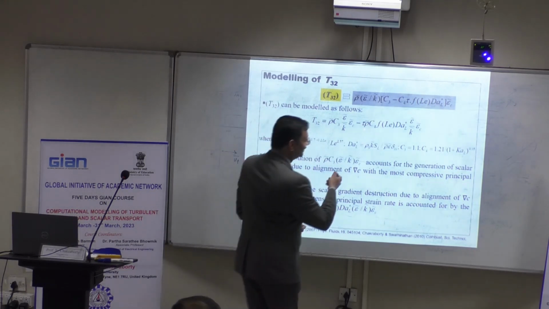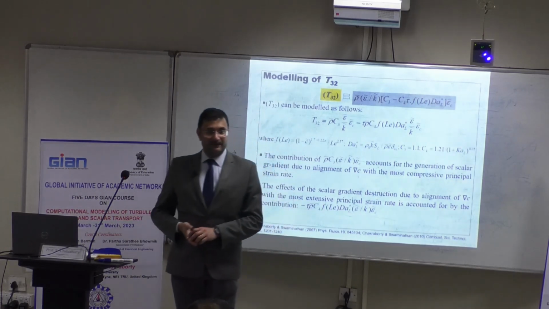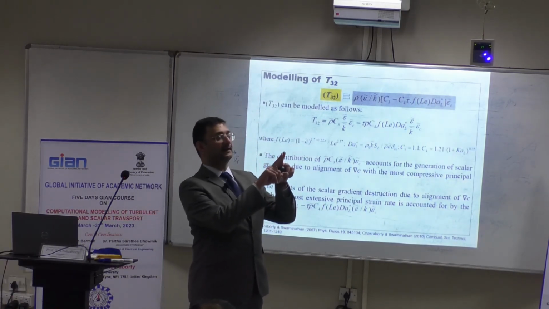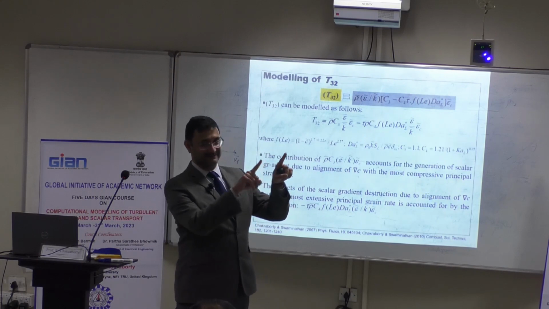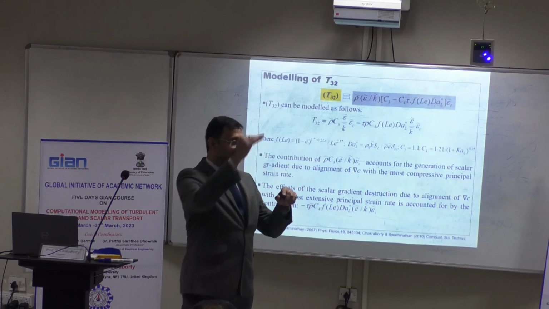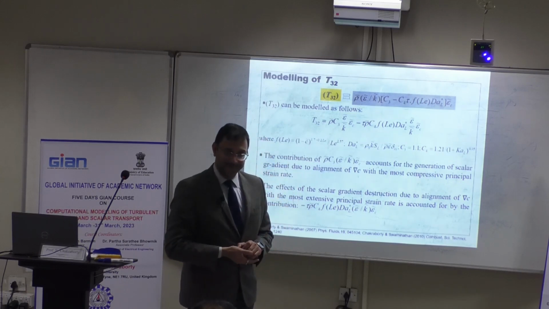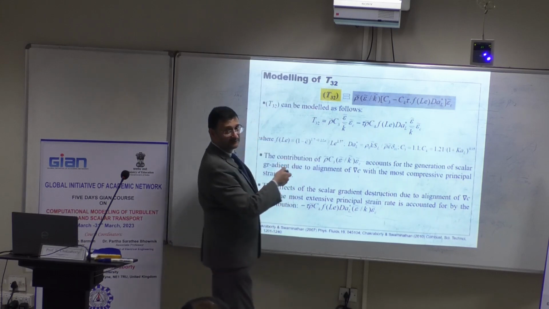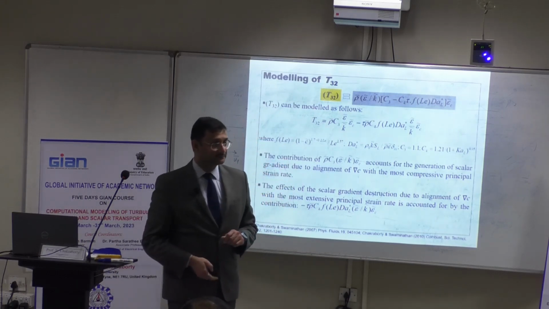One with negative sign, this part, takes care of essentially the chemical straining effect because of thermal expansion. Isoscalar lines are going far from each other. If they go far from each other, scalar gradient drops. And the competition between these two essentially determines how T32 is going to behave.